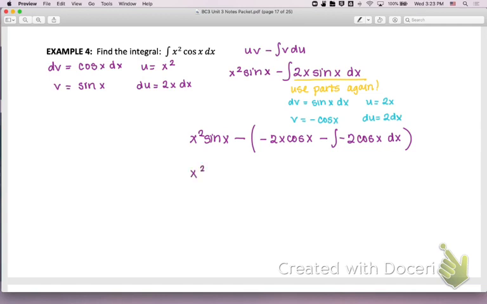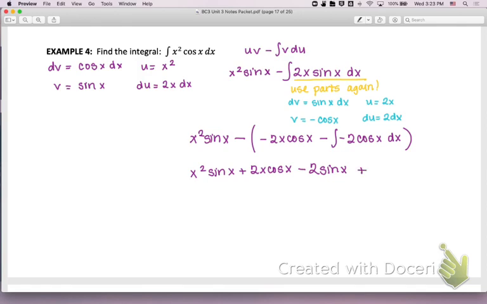So we have x squared sine x. This is now going to be plus 2x cosine x. And when we distribute the negative, we get plus the integral of negative 2 cosine x dx. But then we have the negative, which is going to make it minus 2. And the integral of cosine is sine of x.